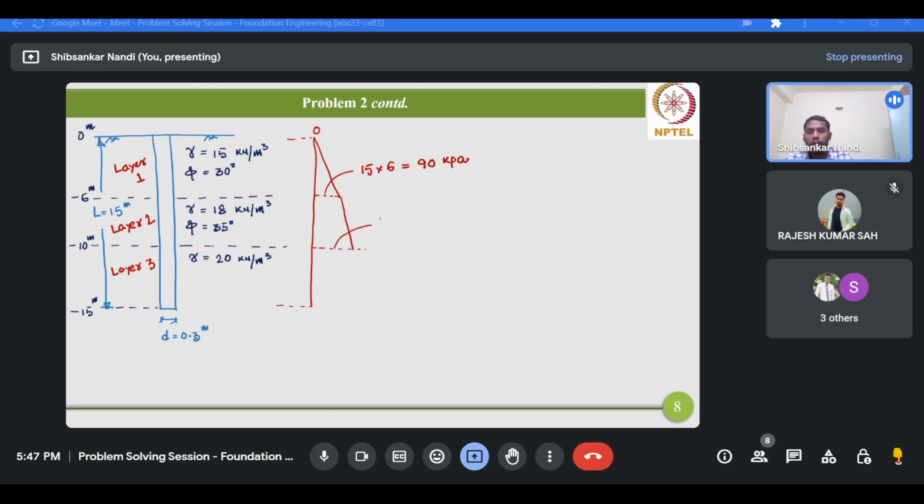So this value is 90. Let me write it in this fashion: 15 times 6 plus 18 times the thickness, which is 10 minus 6, therefore 4. So this value would be 90 plus 18 into 4, therefore 162.